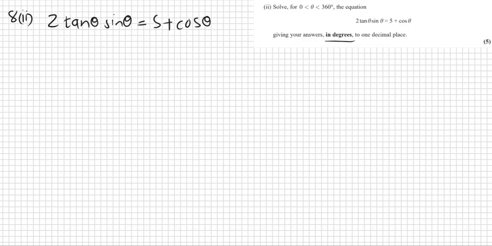So, well, tan straight away. Tan theta is equal to sine theta over cos theta. So we can immediately change tan to sine theta over cos theta. That sine theta is still there. Okay.